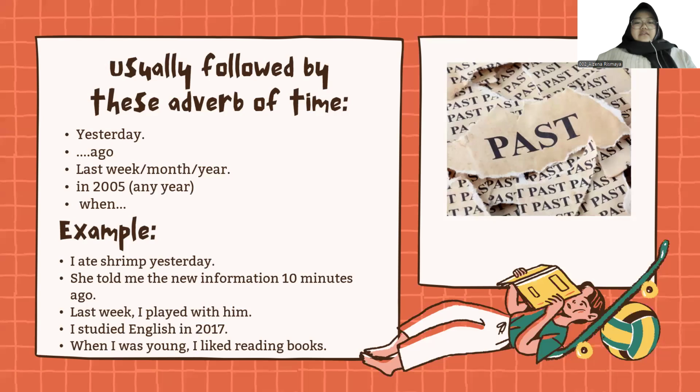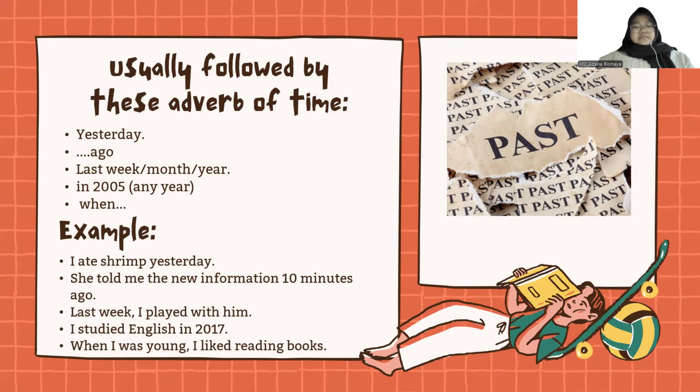Now, usually simple past tense is followed by an adverb of time. For example, yesterday: I went to the cafeteria with my friends yesterday, and I drank my coffee yesterday.